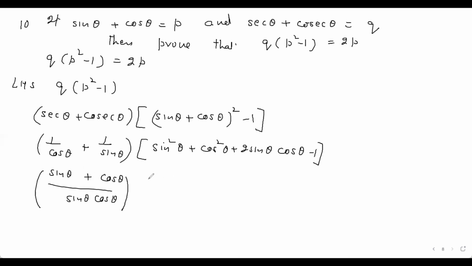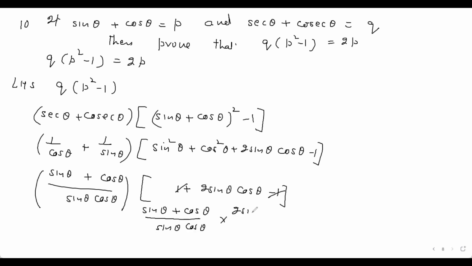And this is equal to 1 plus 2 sine theta cos theta minus 1. Now this and this cancel. I have sine theta plus cos theta upon sine theta cos theta into 2 sine theta cos theta.